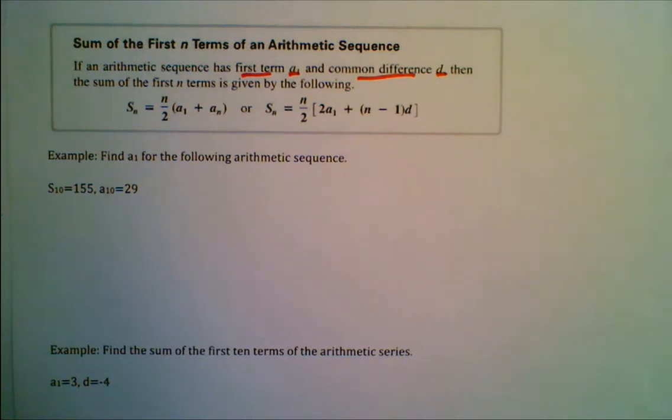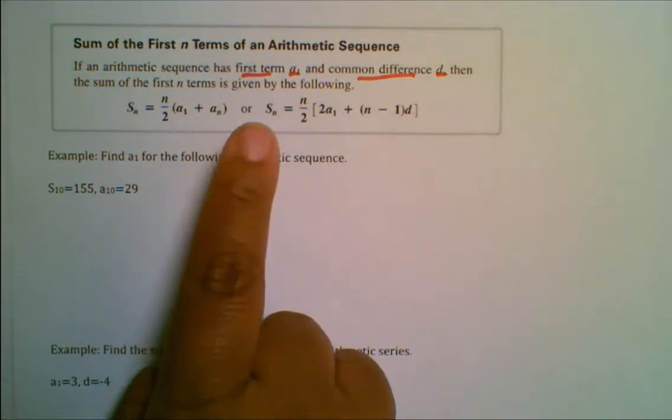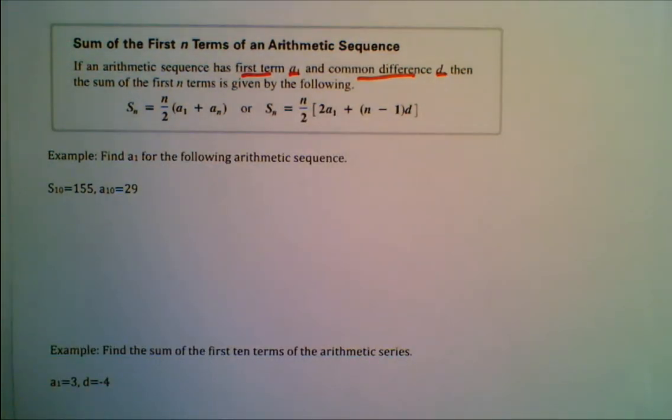So depending on what's given in the situation, whether it's asking us to find a term or the first 10 numbers or whatever it may be, that will determine which formula we're going to use for the sum. So for the first example here, it says find a sub 1 for the following arithmetic sequence.